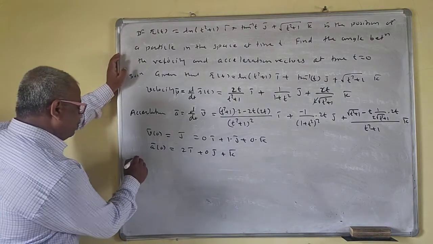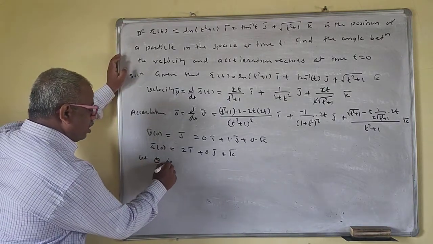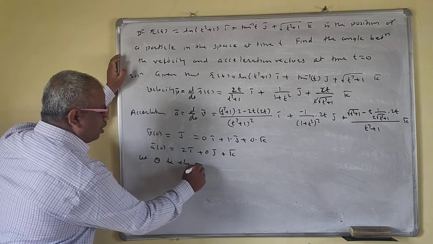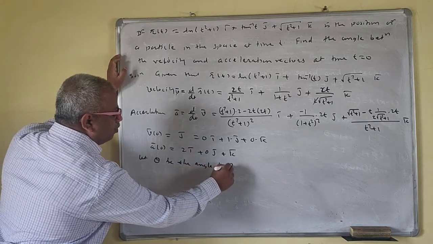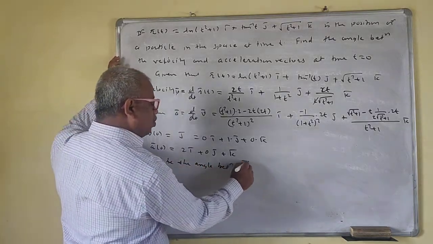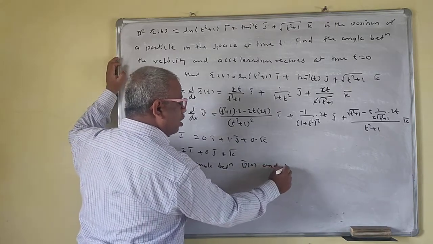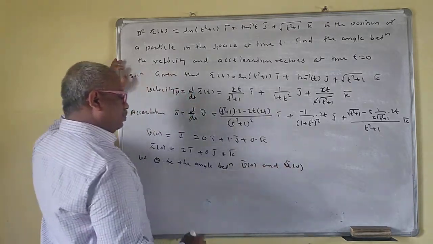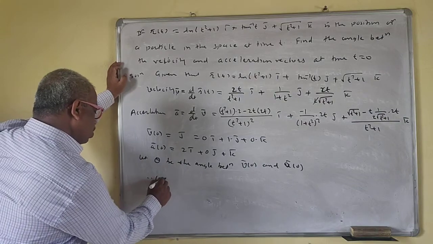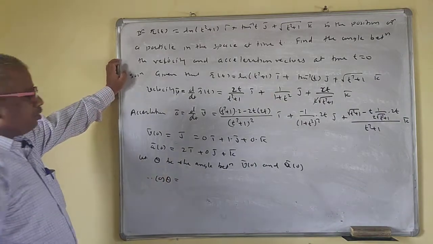Okay, so let theta be the angle between v bar of 0 and a bar of 0. Okay, so therefore cos theta is equal to, you have to take the dot product.